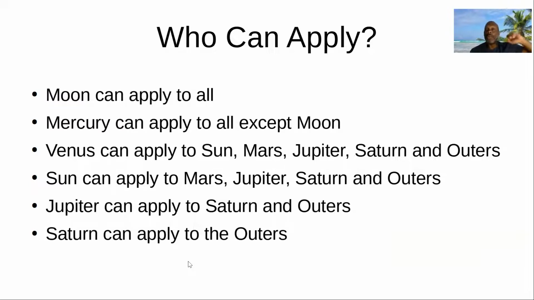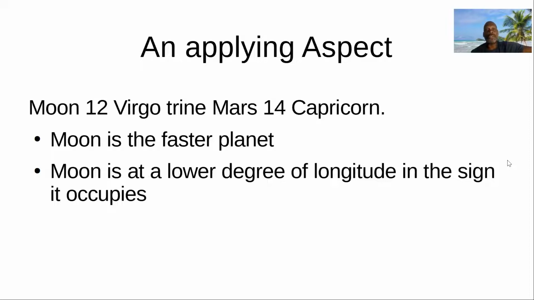So when we're looking at planets applying to other planets, for instance, let's say we have an aspect between Venus and Jupiter. Venus would have to be at a lower degree of a sign than Jupiter's. So the moon is at 12 degrees of Virgo. Remember, the moon is the fastest of all of the planets. And she is trining Mars at 14 degrees of Capricorn.